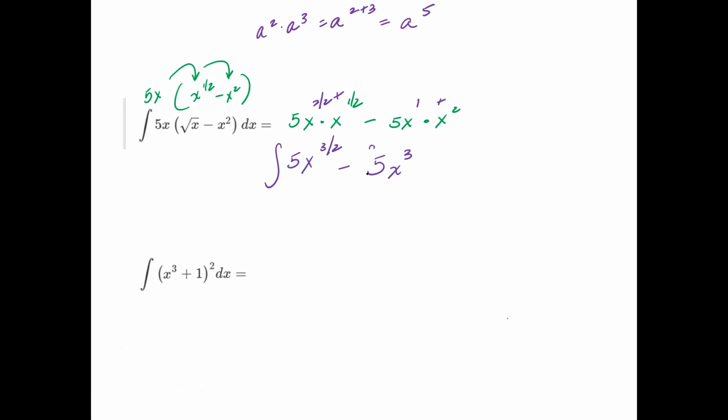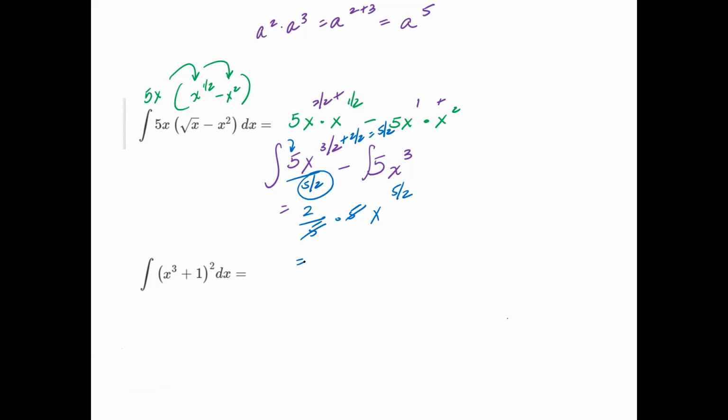If we go ahead and find the integration of this, first you're going to add 1, so 3 over 2 becomes 5 over 2, divided by 5 over 2. But you have to flip this, so that's a 2 over 5 times, don't forget the existing 5 right there, and lucky for you, they do cancel, x to the 5 over 2.